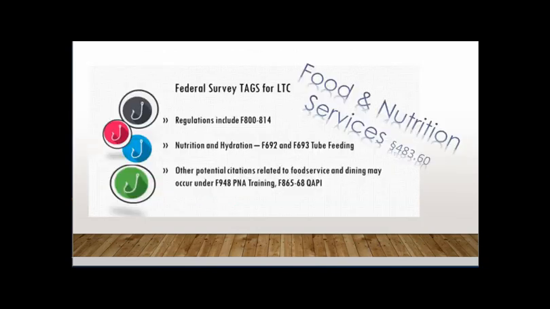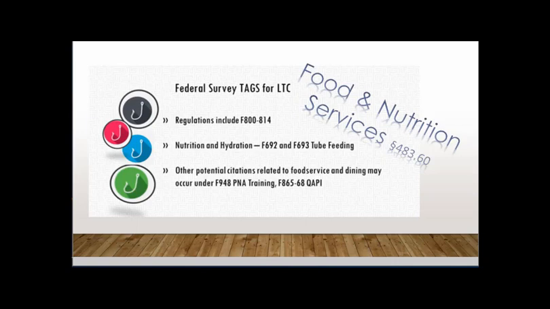So we're going to first focus on exactly what is a tag and how that tag ties into what it does for us. Our food and nutrition services, for us to understand our roles in keeping our residents fed and safe in a dignified manner, all of the ways that we give that quality care come under that heading.